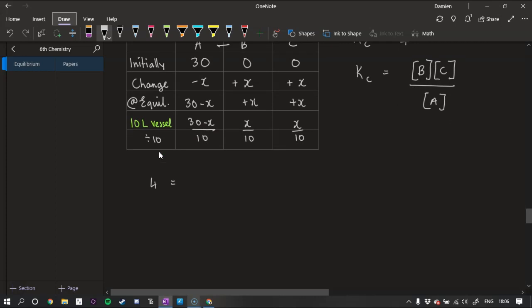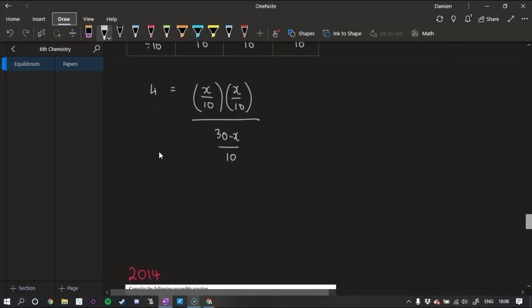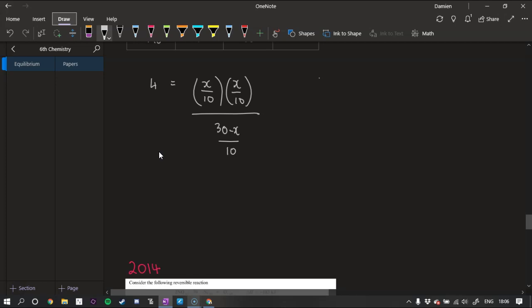So 4 is equal to B multiplied by C, so x over 10 multiplied by x over 10, and that's all divided by A, and A is 30 minus x all divided by 10. So what's that going to give us? Now we've got 4 is equal to x squared over 100 all divided by 30 minus x all divided by 10.